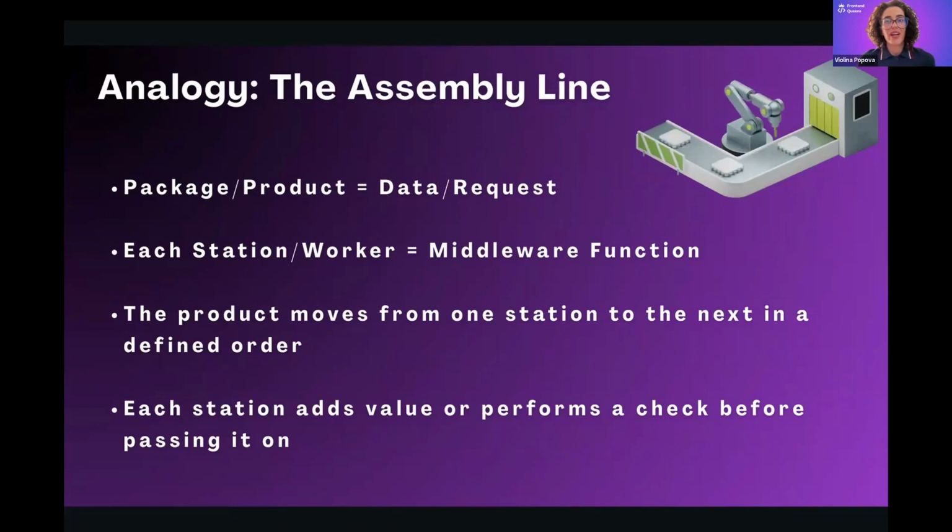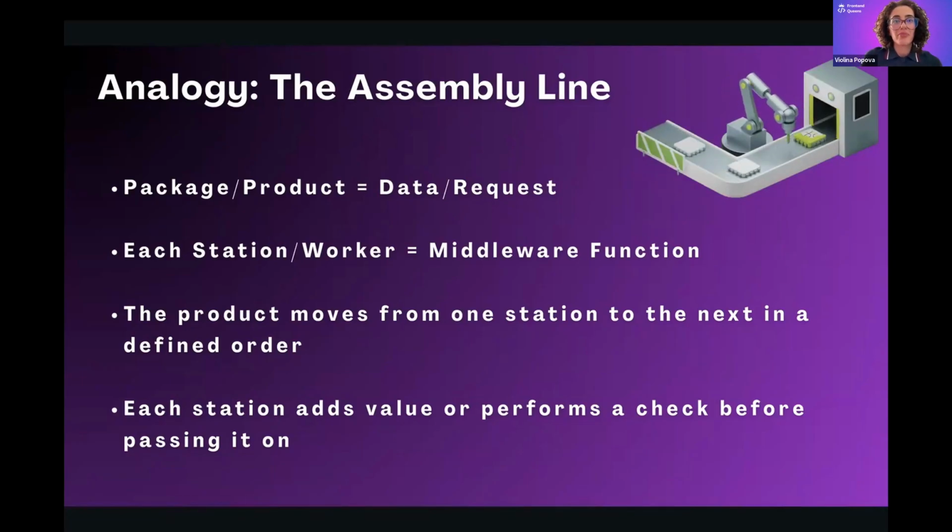You first show your ID, then your boarding pass, then your bags go through an X-ray, then you walk through a metal detector. Each step is a middleware function performing a specific check or transformation before letting you proceed to the next step. This pattern is fantastic for handling cross-cutting concerns, things like logging, authentication, validation, or data transformation in a highly modular and extensible way.